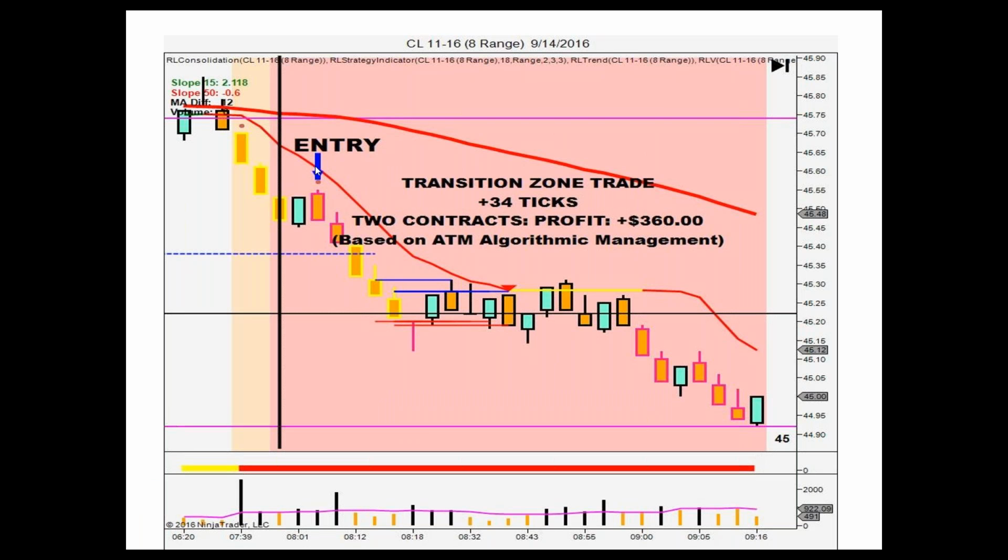Well, here's another one. There's the algorithmic system firing, and you see you get an early retracement. The algorithmic system fired, and you're down for 34 ticks on the crude. On 2 contracts, you make $360.